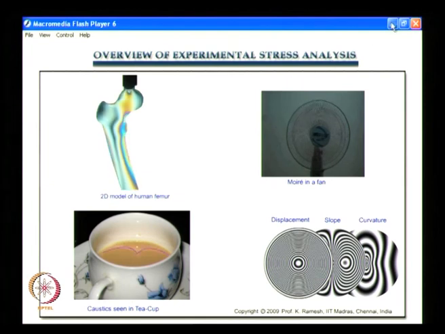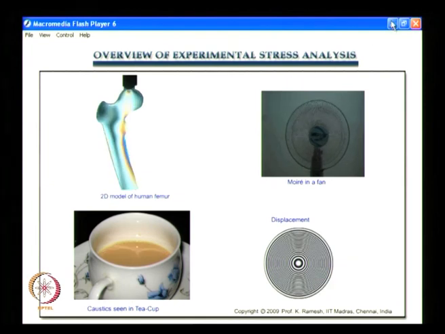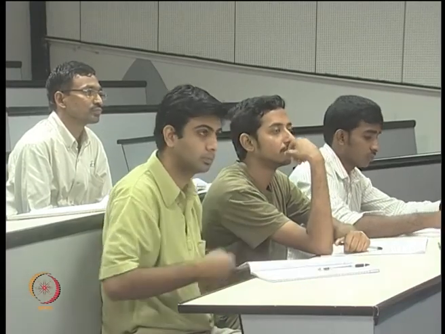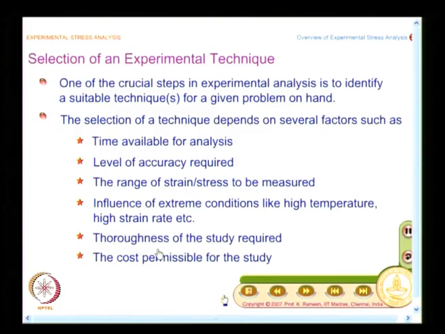And we have been discussing the selection of an appropriate experimental technique, and what we will do is go back and review what we have seen till now.